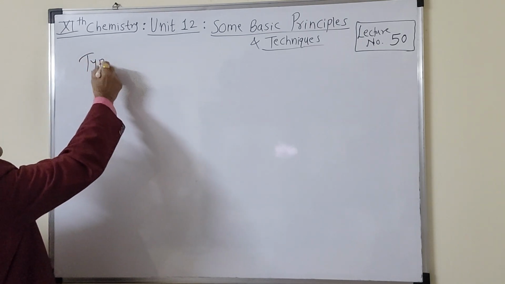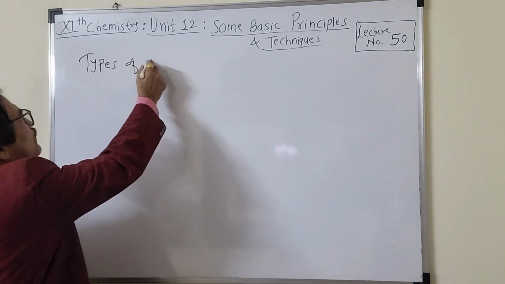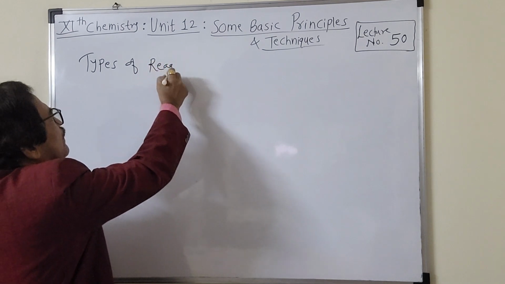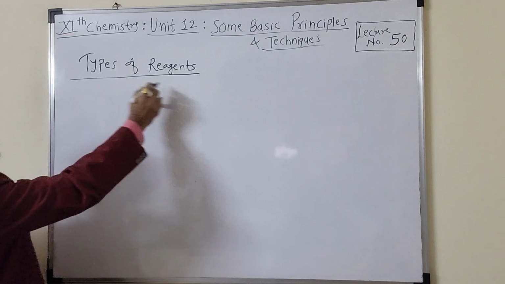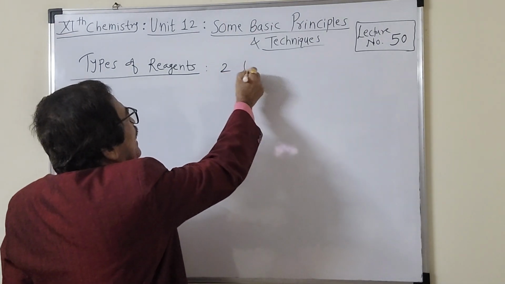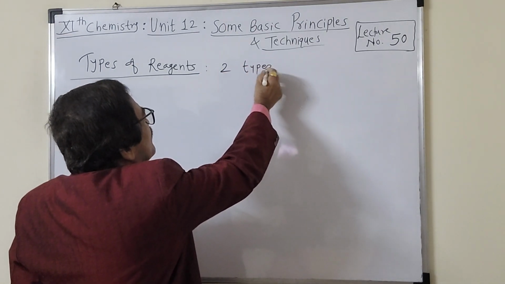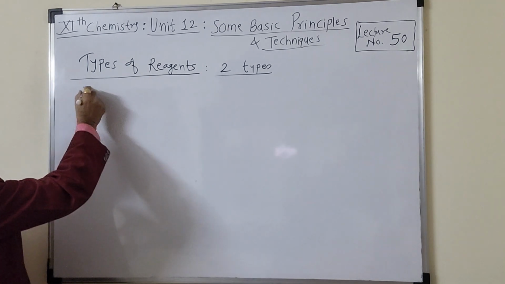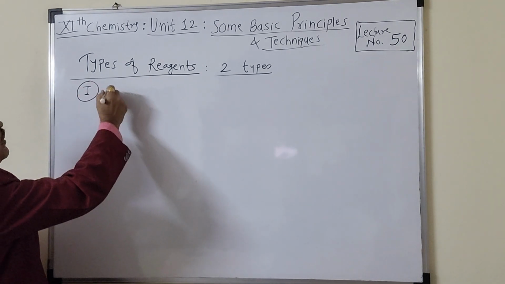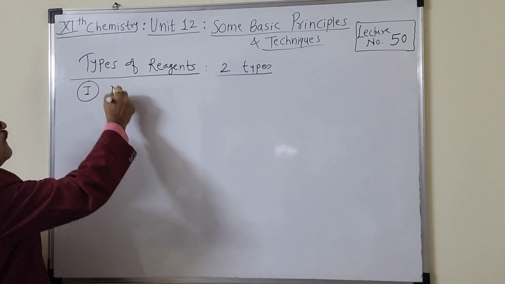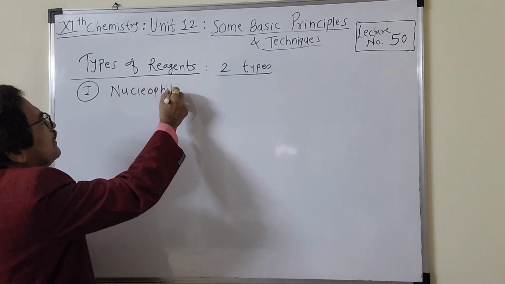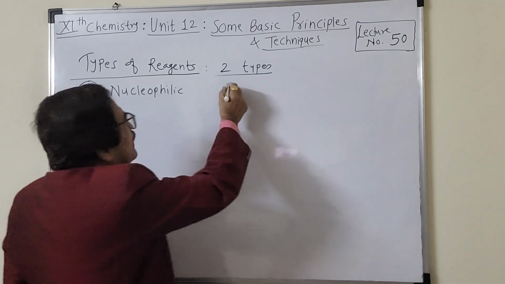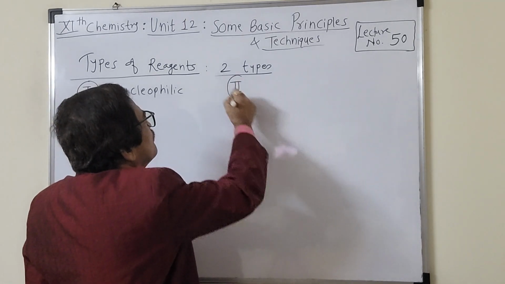Types of reagents which are taking part in the organic chemistry reaction. Two types, and they are exactly opposite to each other, I will say. One is known as nucleophilic reagent and other is known as electrophilic reagent.